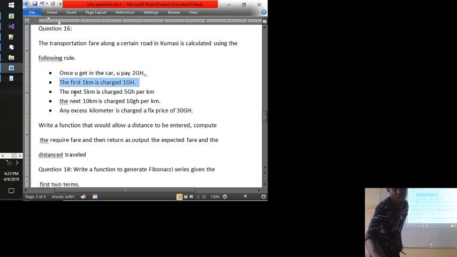So the question should actually read a fixed price of 30 per kilometer. I was doing the correction, I didn't read it. That's the ambiguity I was talking about. You are just thinking that you will add 30 cedis.